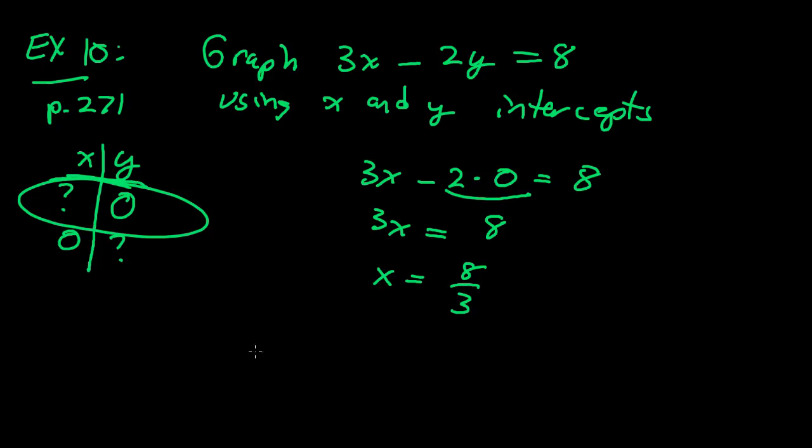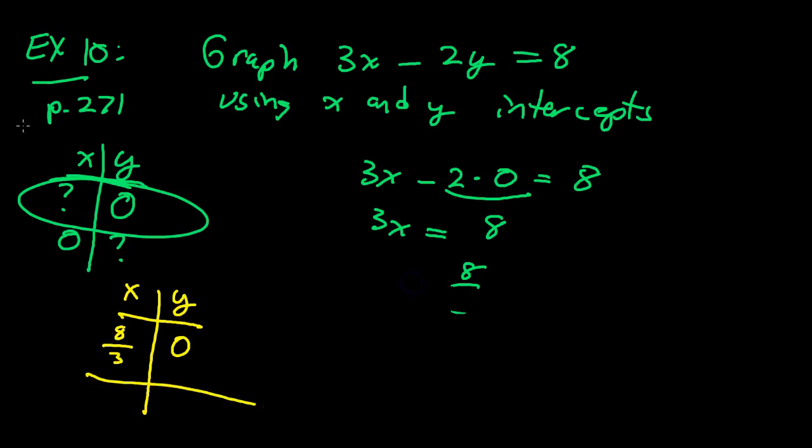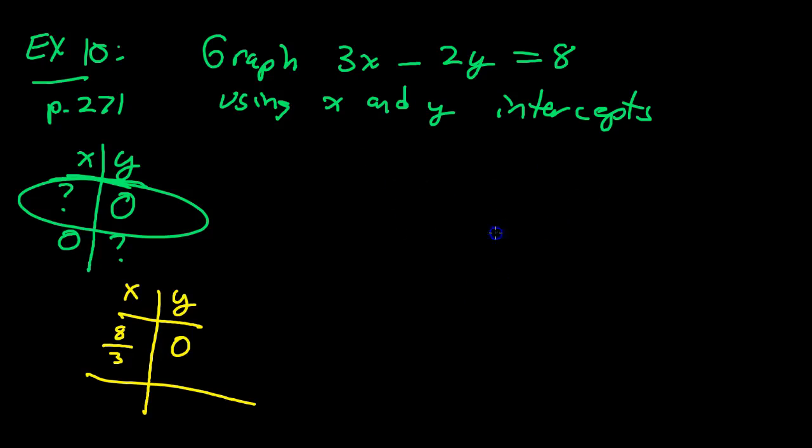Our x-intercept is a fraction. So let me rewrite this table of values now. If y is 0, we know x must be 8/3. And we'll graph that as best we can. All right, let me find now the y-intercept. To find the y-intercept, you let x be 0 and solve for y.